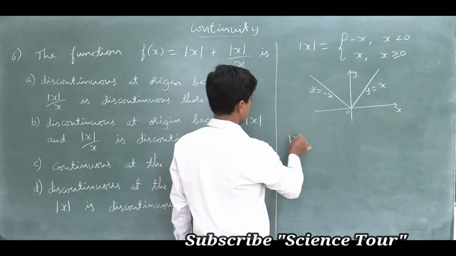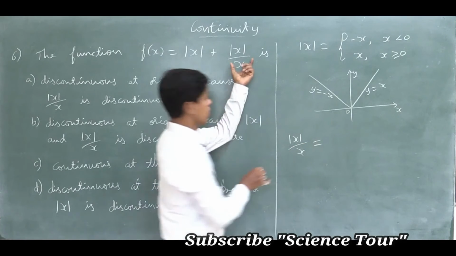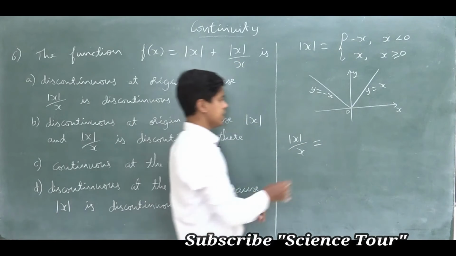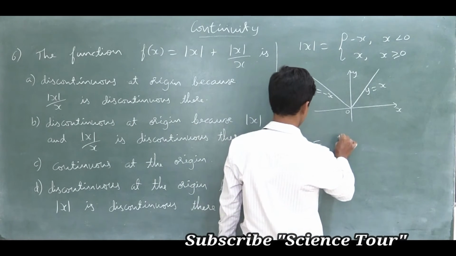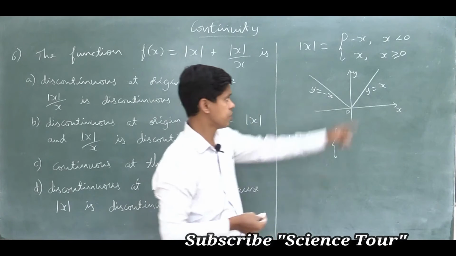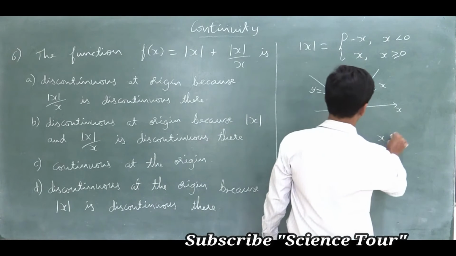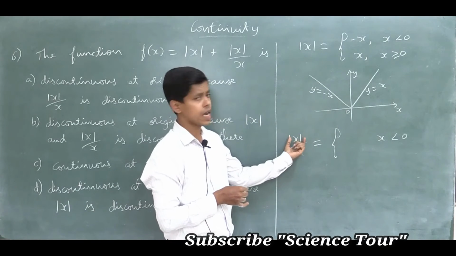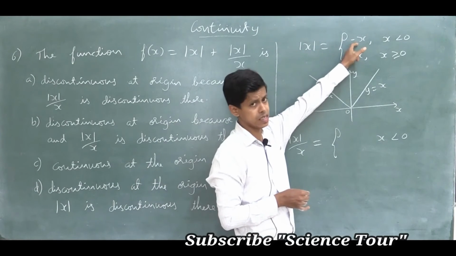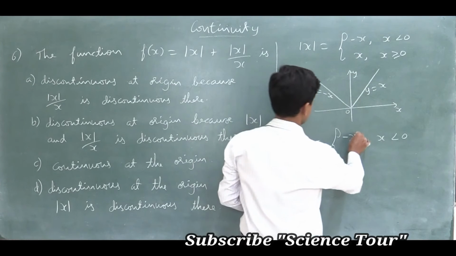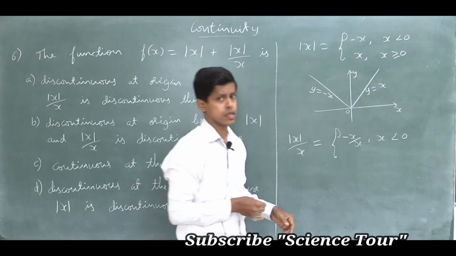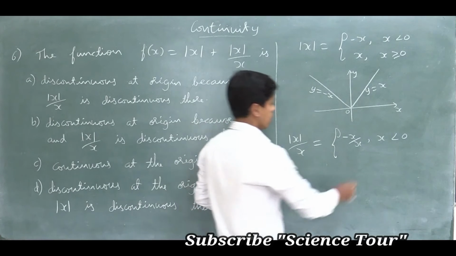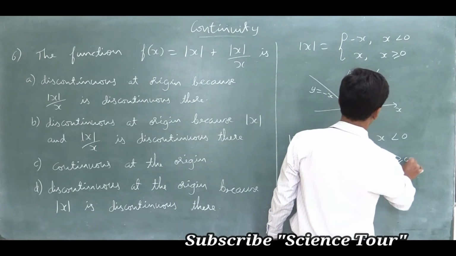Secondly, what is mod x by x? What about this function? Once again, if you divide it into branches, what about when x is less than 0? When x is less than 0, what happens to modulus of x? It is minus x. So that will be minus x by x, right? Next, what if x is greater than or equal to 0?